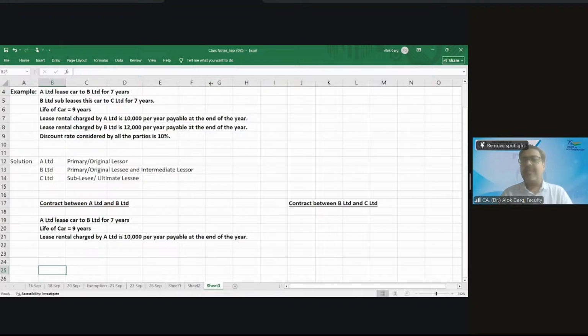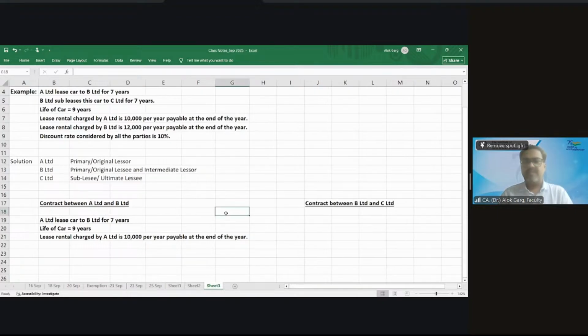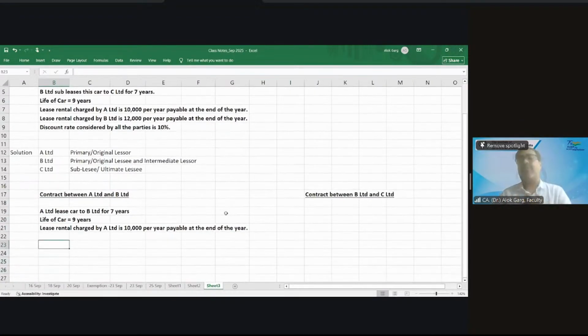Is this the only information pertaining to the contract between A Limited and B Limited, or is there anything else? Mamta, is this the only information? Yes, sir. Okay. So first of all, in this contract, A Limited is the lessor and B Limited is the lessee. Correct?